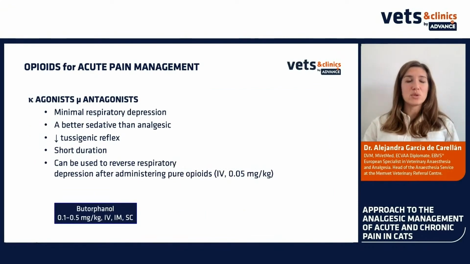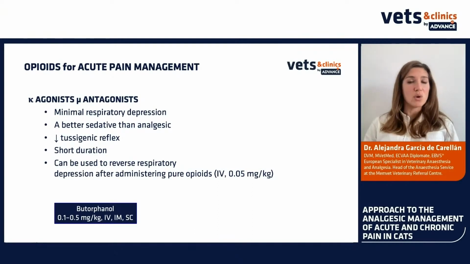And then we can have also kappa agonists and mu antagonists, like butorphanol basically. However, this opioid is only for not very severe pain, basically moderate to non-painful procedures, because it's a better sedative than an analgesic.